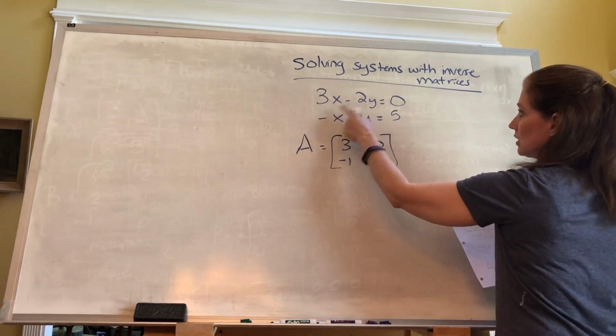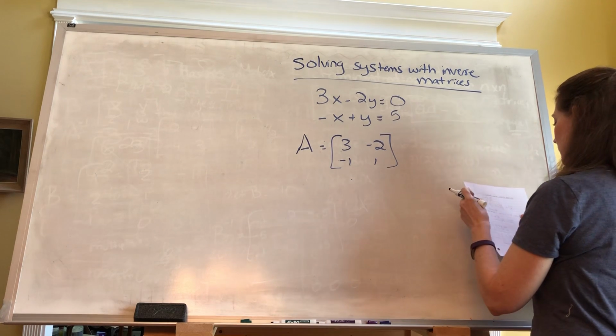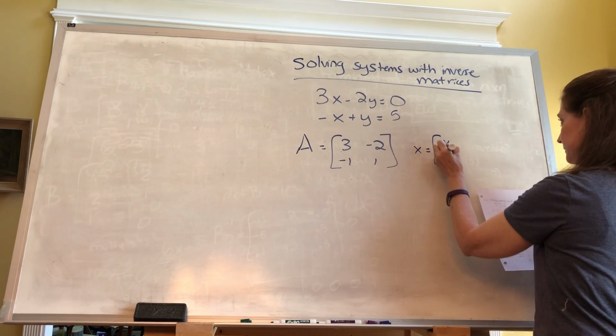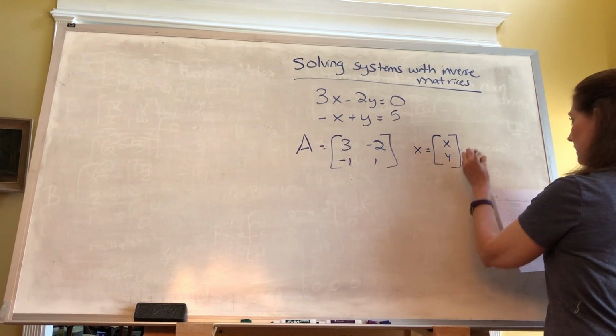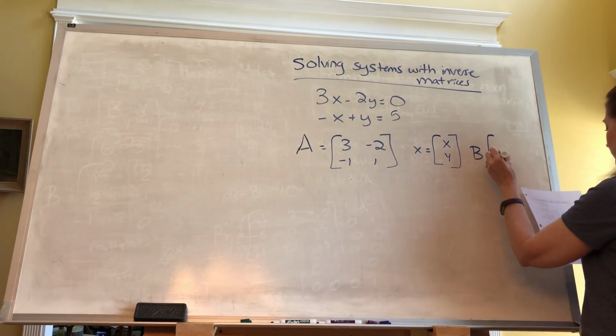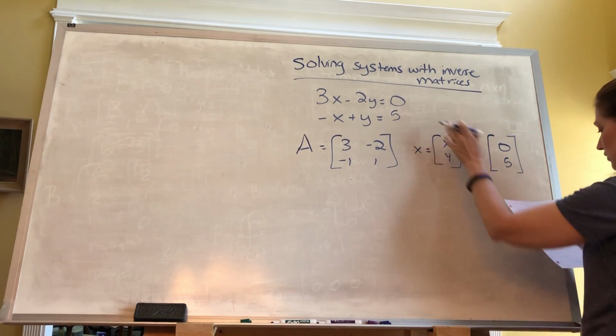So you see I just took the coefficients off of the x's and the y's. And then our B matrix is 0, 5, which is just the answers here.